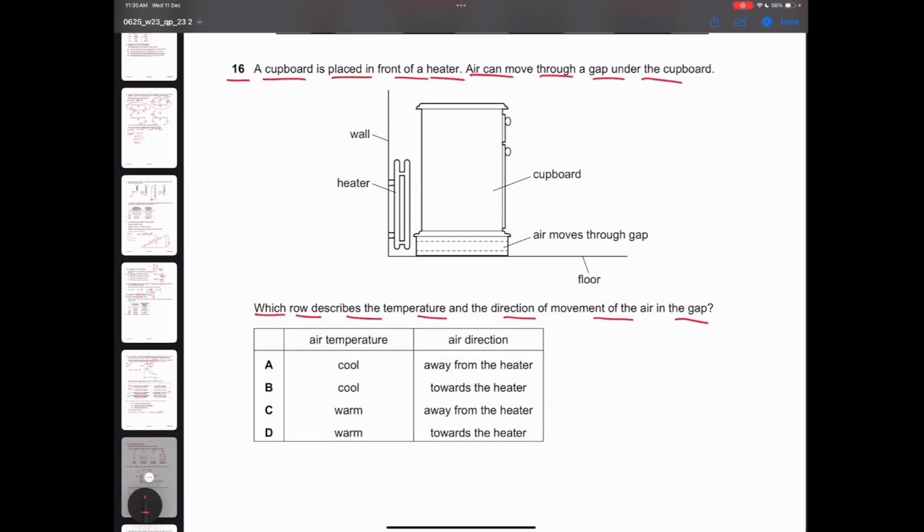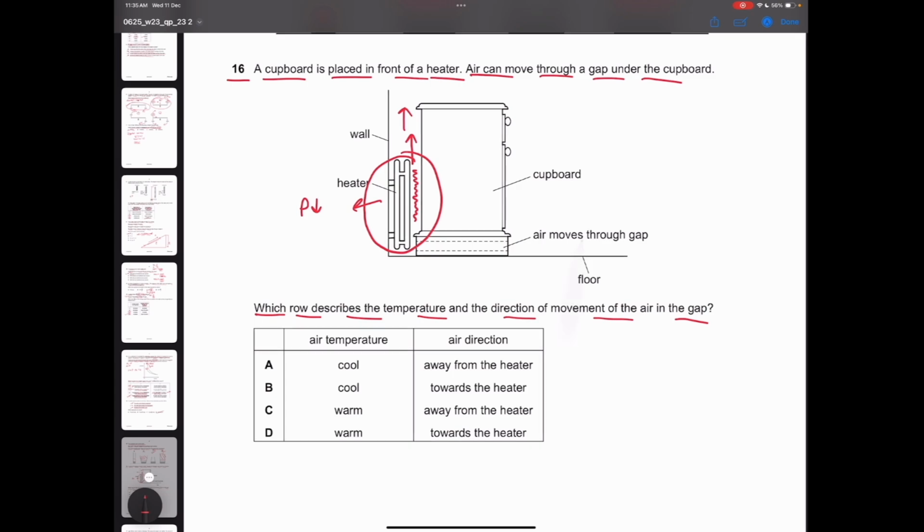Now just think about it. If the heater is here, it means this air will get hotter. The temperature of this air will increase. So this air will go upwards like this. Right? Then if this air is going upwards, then this region will be a low pressure region because the air present here is going upwards, so few molecules will be left here.